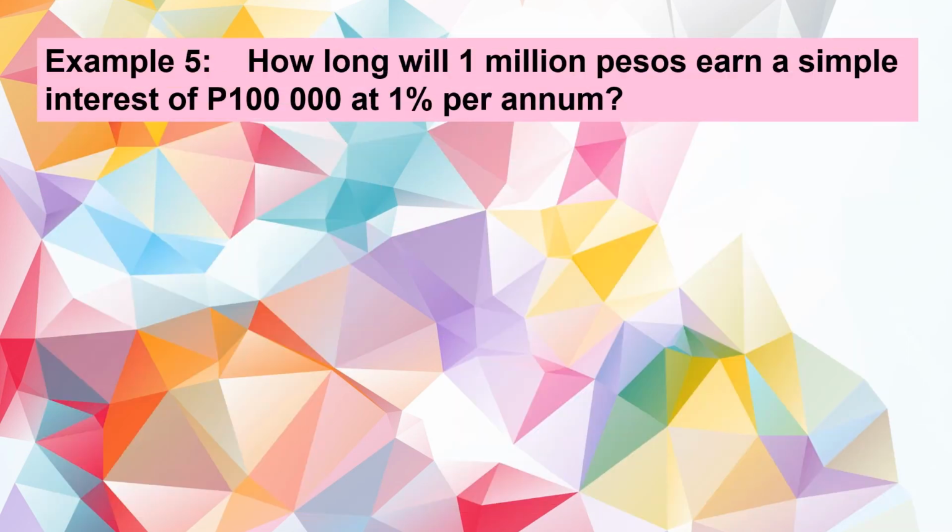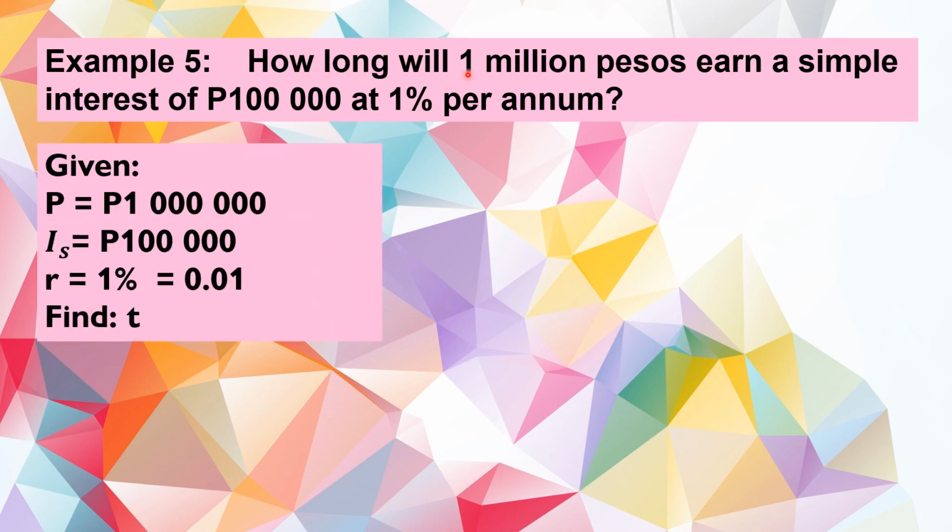Example number 5. How long will 1 million pesos earn a simple interest of 100,000 pesos at 1% per annum? So, ano yung nawawala sa problem is the time because of this word, how long. So, what are the given in the problem?